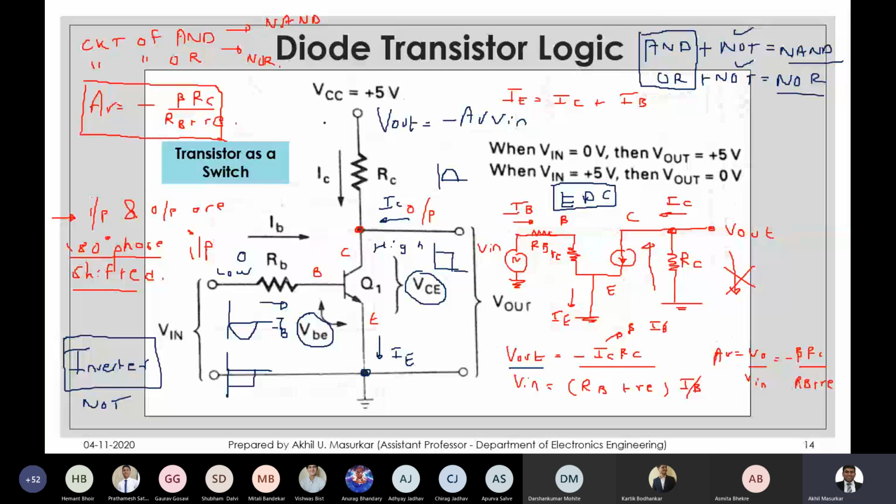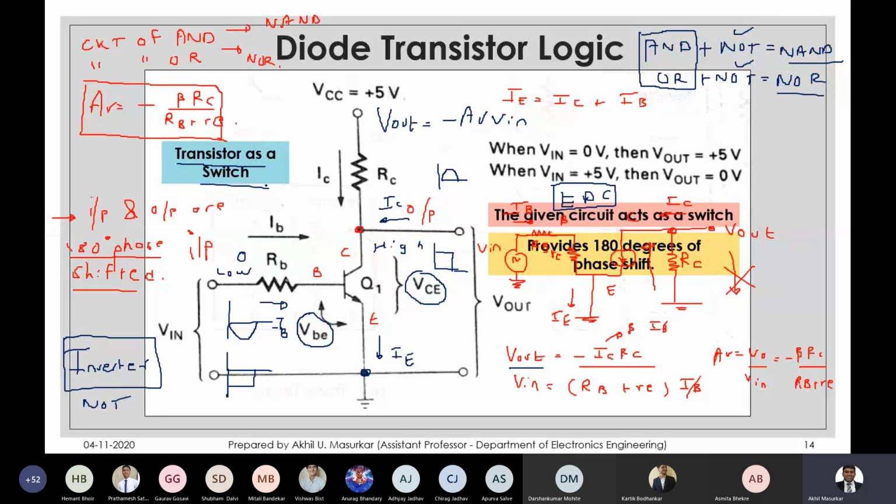Here the BJT, the transistor is used as a switch. So the given circuit acts as a switch, provides 180 degrees of phase shift. Input and output are 180 degrees out of phase.